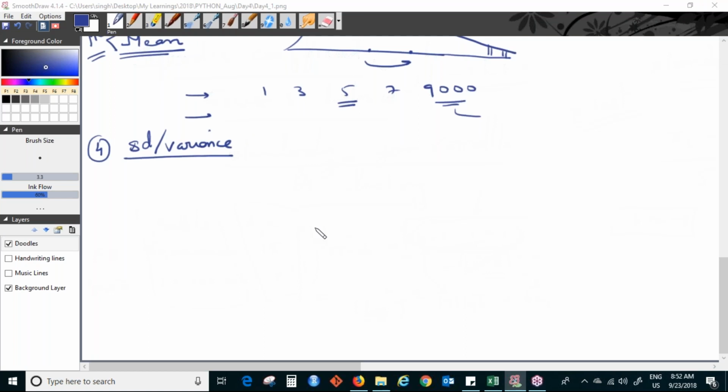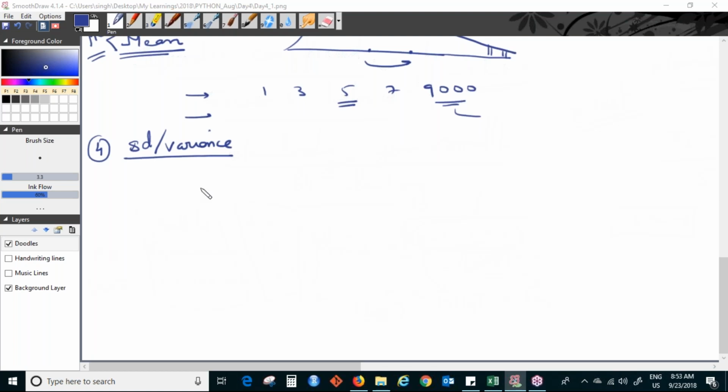Is the group having the same value of the variable, or is the value varying across individuals? And if it is varying, is it varying a little or a lot? Those values you can measure using this parameter called standard deviation.